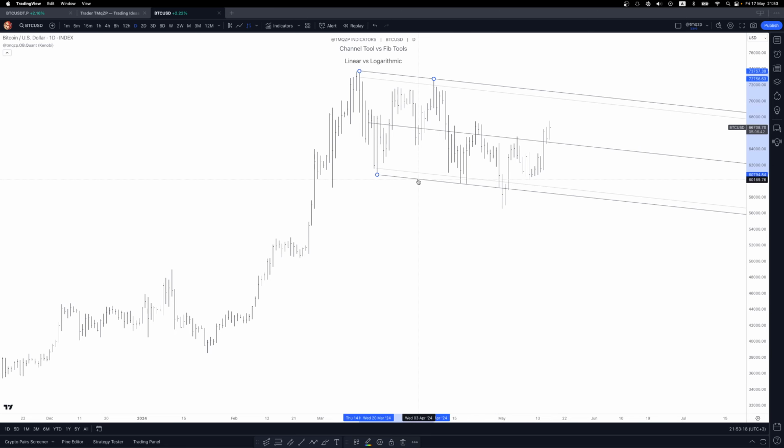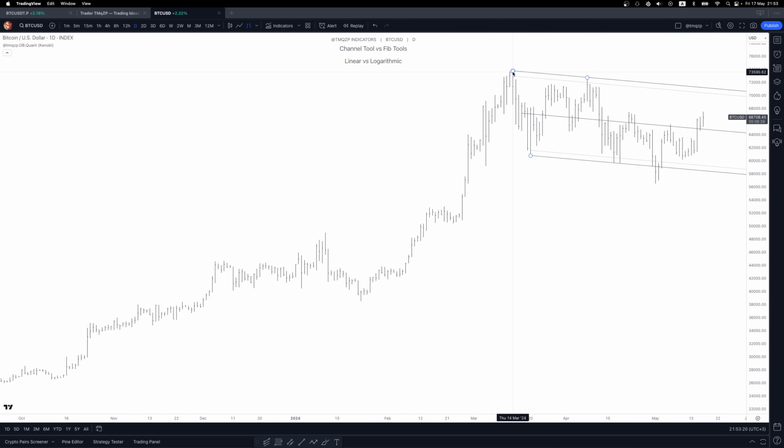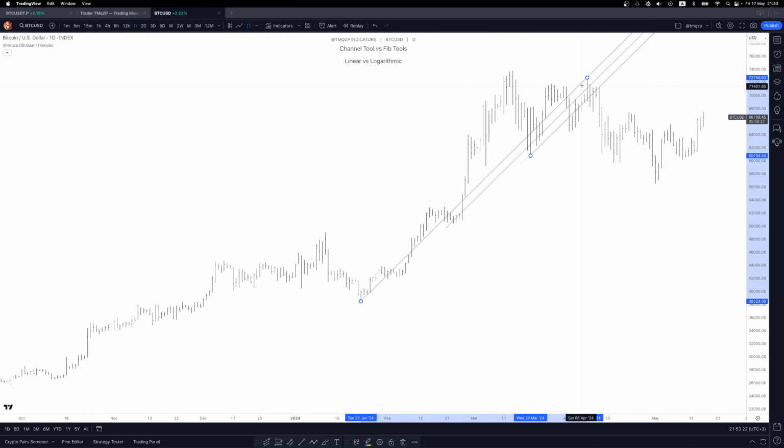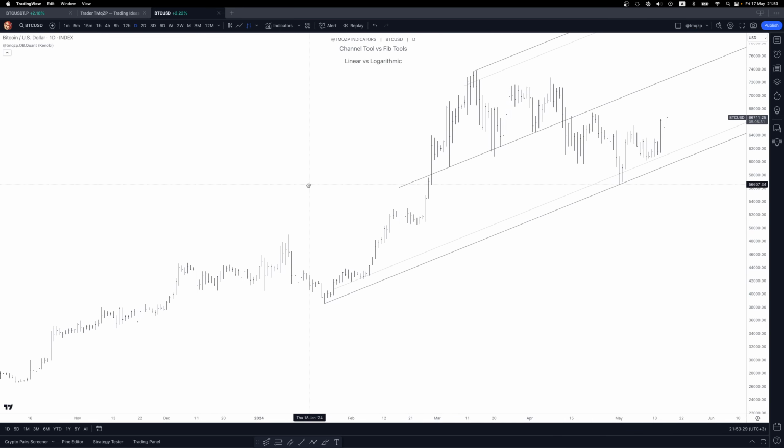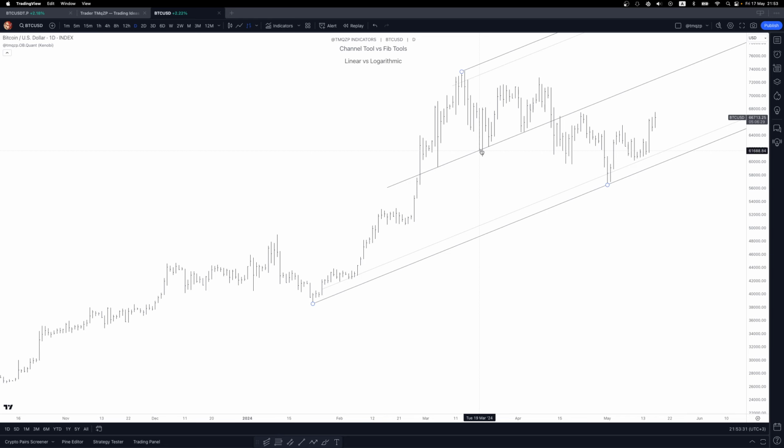And then for an uptrend, let's say I want to track this uptrend, I take the lows first and then I tag the high, right? Now I have an uptrend channel, and you can see how perfectly the 50 lines up here, on linear, not on log.